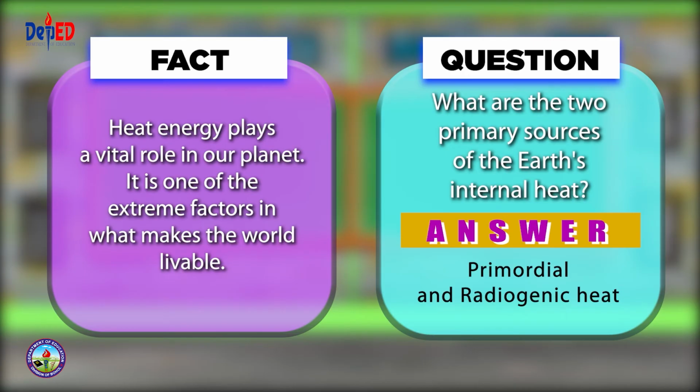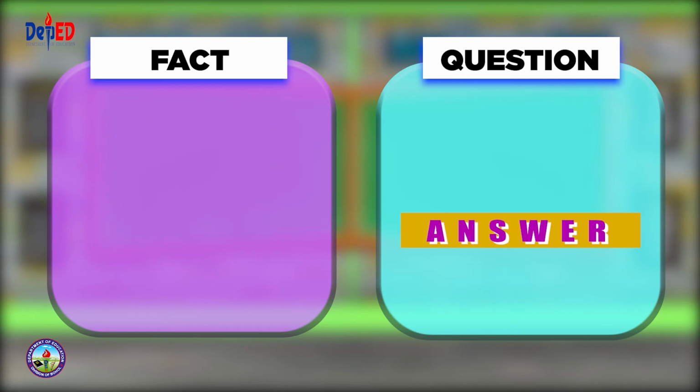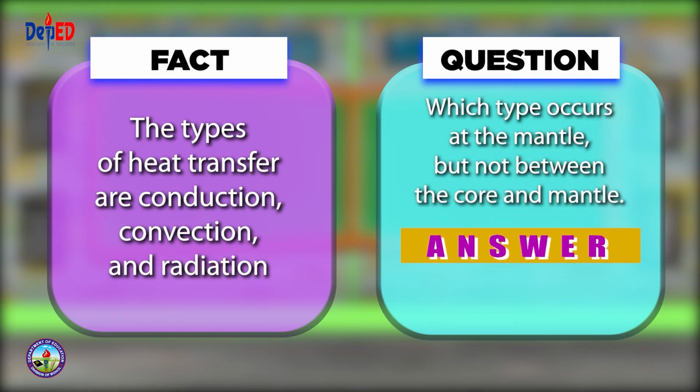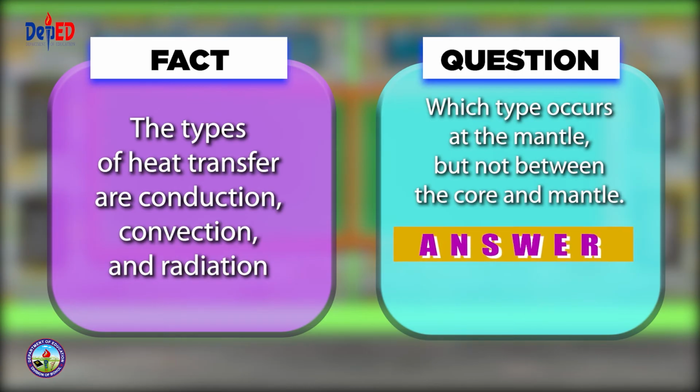And number 4, fact. The types of heat transfer are conduction, convection, and radiation. Question, which type occurs at the mantle but not between the core and mantle?